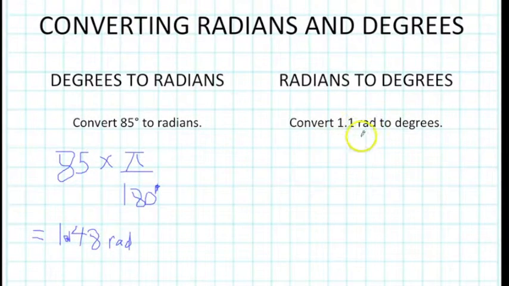Now to convert radians to degrees, we need to times it by 180 over pi degrees.